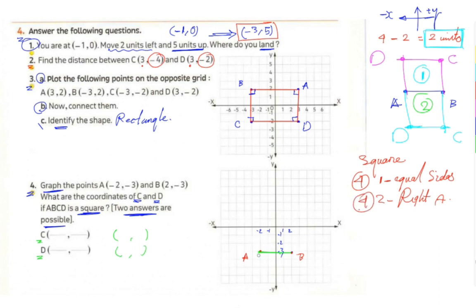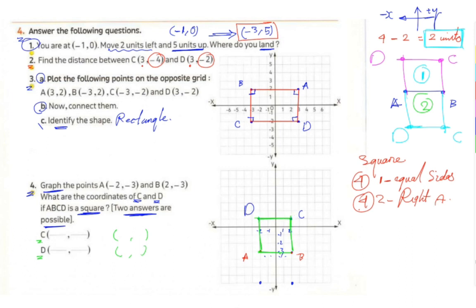AB is 1, 2, 3, 4 units. So C is 4 units from B, here, and D is 4 units from A, here. That's the first possibility. Now I can connect them to draw our square: AD, DC, and BC.